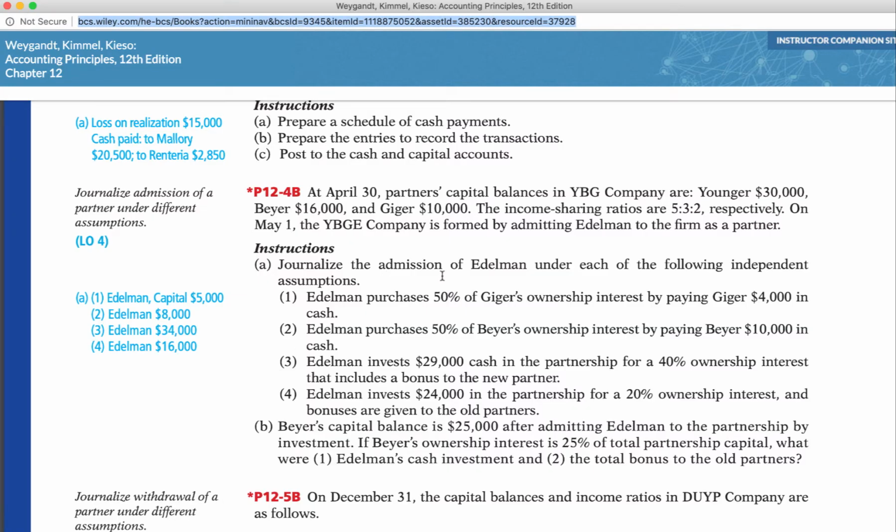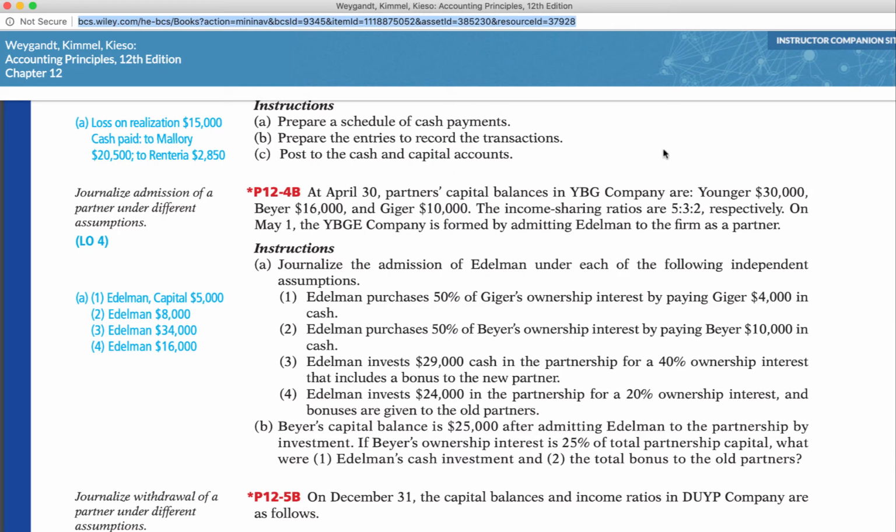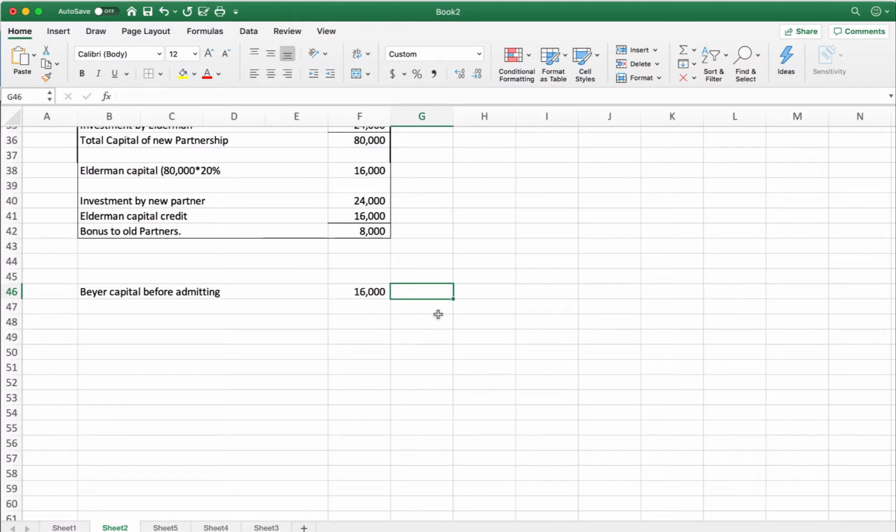Prior to Elderman coming in, Bayer's balance was $16,000, and his share is 30%.